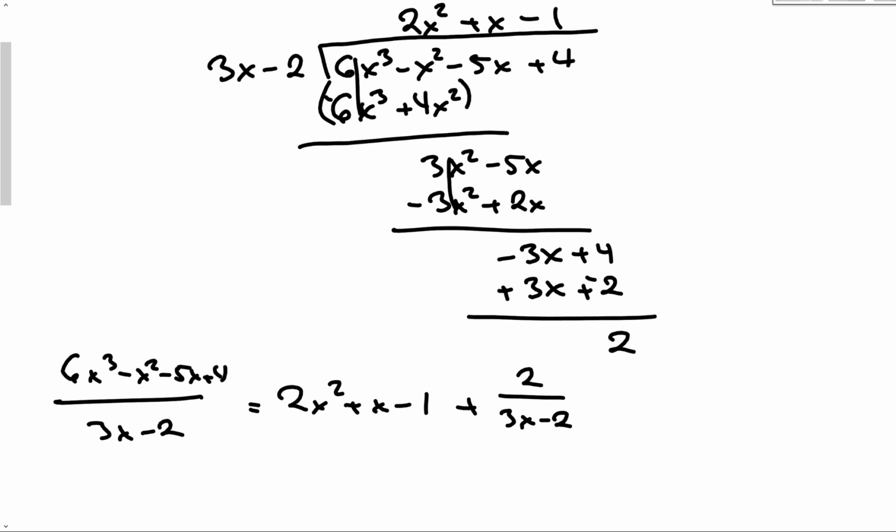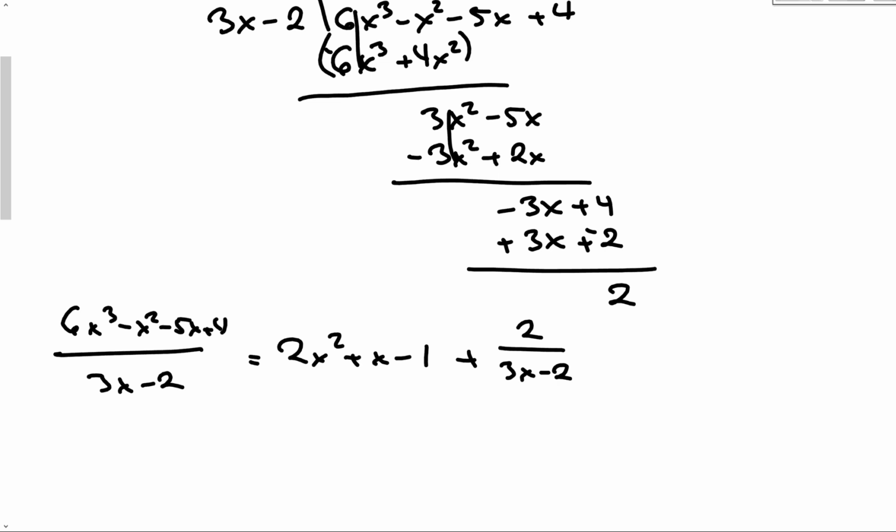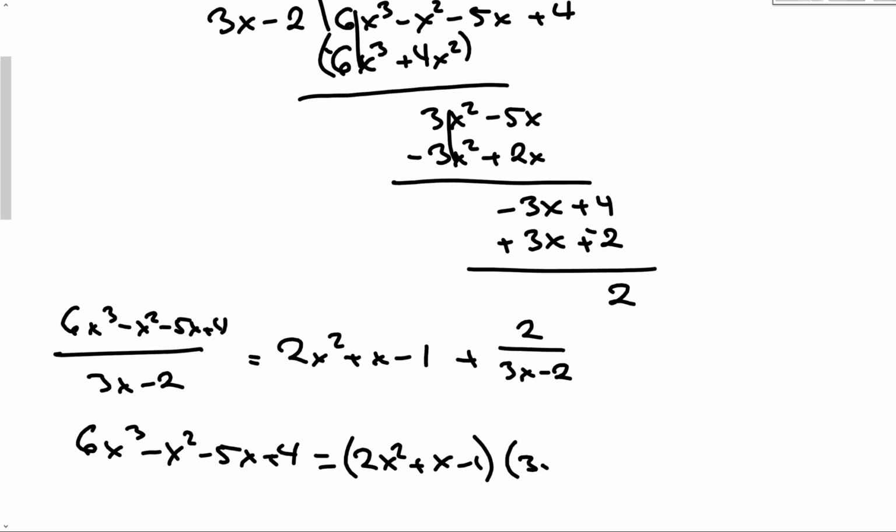Then if I clear the fractions by multiplying both sides of this statement, which is true, this equation is true, by 3x minus 2, I would get that 6x to the third minus x squared minus 5x plus 4, my original polynomial, is equal to 2x squared plus x minus 1 times 3x minus 2 plus a 2 left over, plus a remainder of 2.